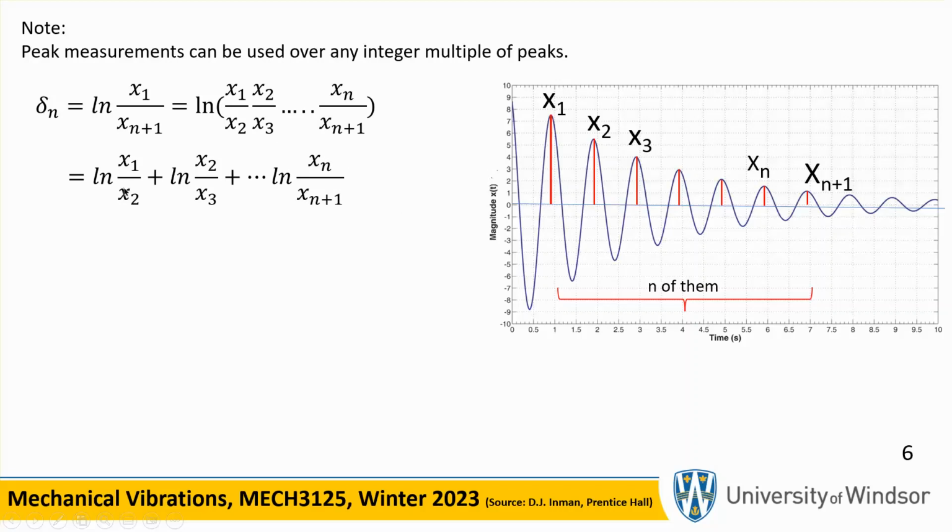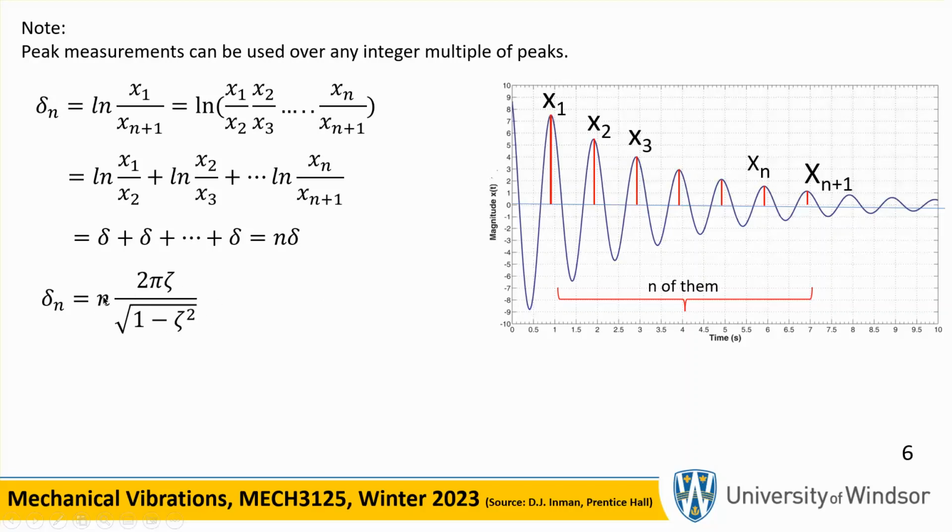And each one of these is delta, the way we did it in the previous two slides. So in fact, n delta. So this delta n, if you use x1 and xn plus 1, is going to be n times the logarithmic decrement. And if you replace delta from the previous page, that's what you're going to get.